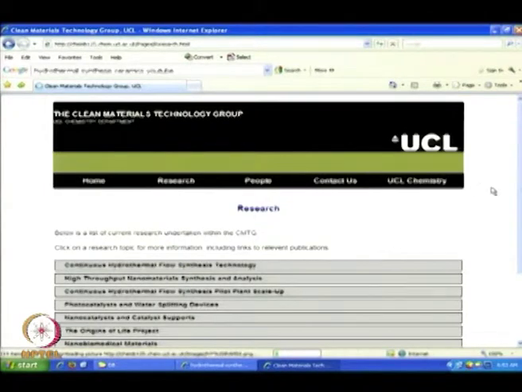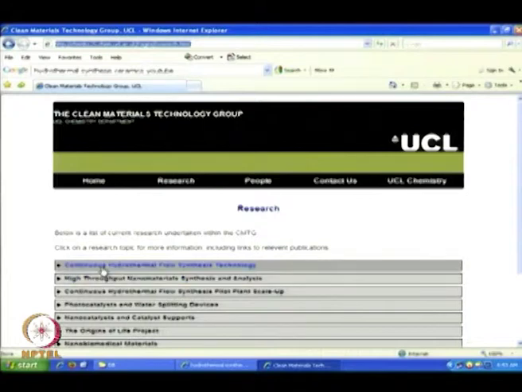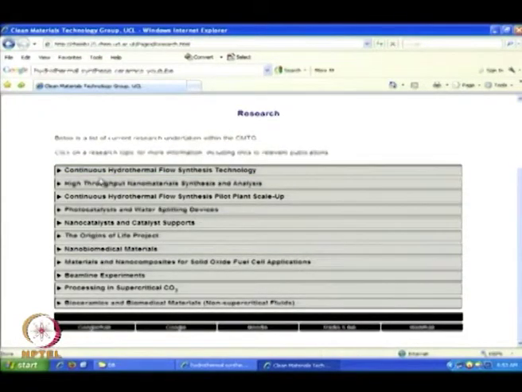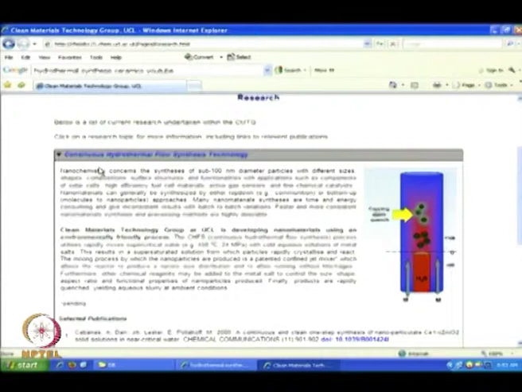I would click on this link, Clean Materials Technology Group. Now, this is not an open source, so I cannot go deep into it. I am just indicating the URL, which is over here, and you look at this particular page. This page gives you a reasonably good idea of what the hydrothermal ceramics synthesis process is.